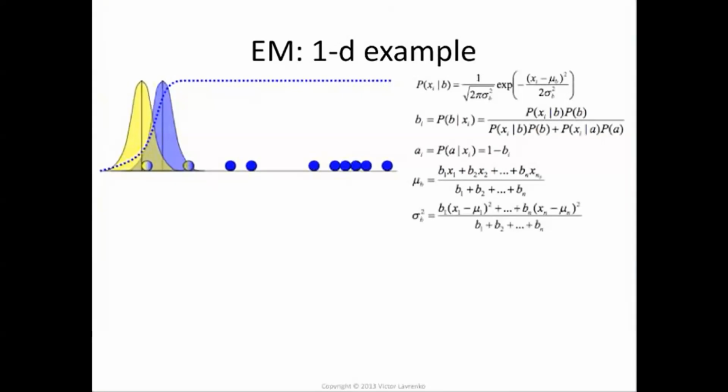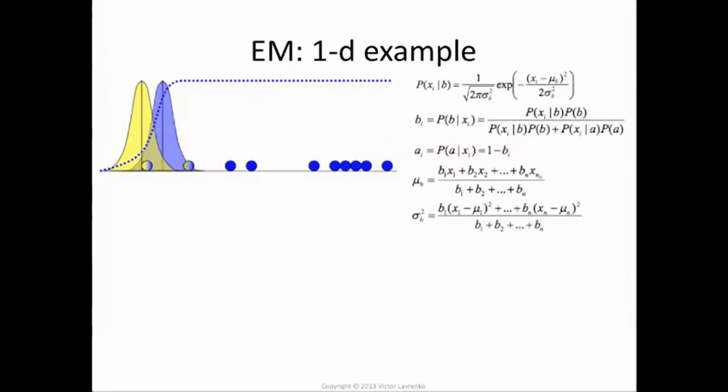And of course, you compute the variance in the same way. You take the deviations from this mean that you've computed, and again, this is not mu1. I'm sorry about the bug on the slide. This should be the mu of b, and this should be the mu of b as well. So you take the difference between each x and the blue mean, right? And you multiply those squared differences by the weights, by the confidences that that point is from the blue distribution or from the yellow distribution.